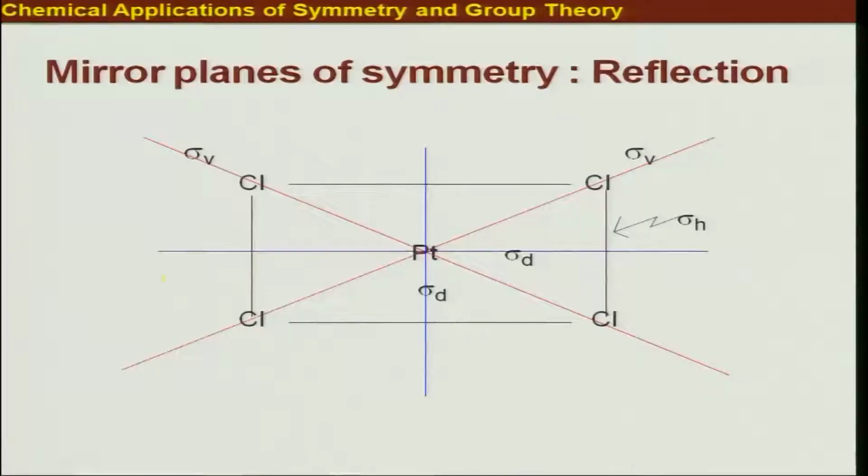So here if you have a look at your screen, you can see there can be a mirror plane which contains all the chlorine atoms and the platinum atom, meaning that the molecular plane itself can act as a symmetry plane, because the molecular plane will cut all the atoms into half.